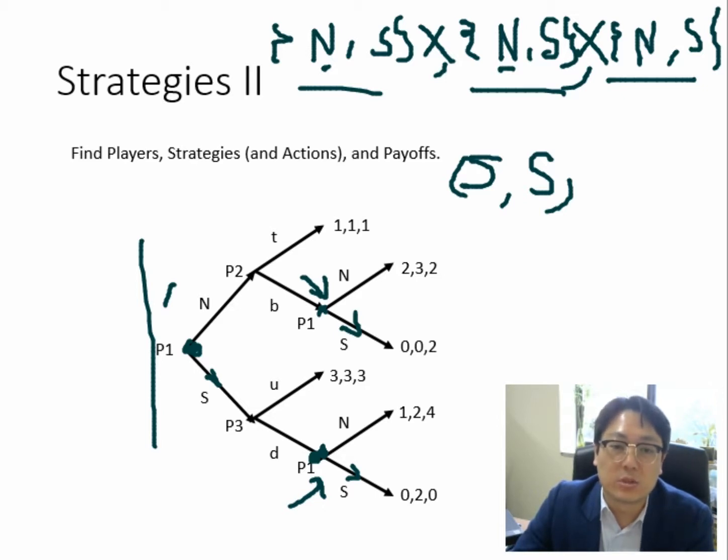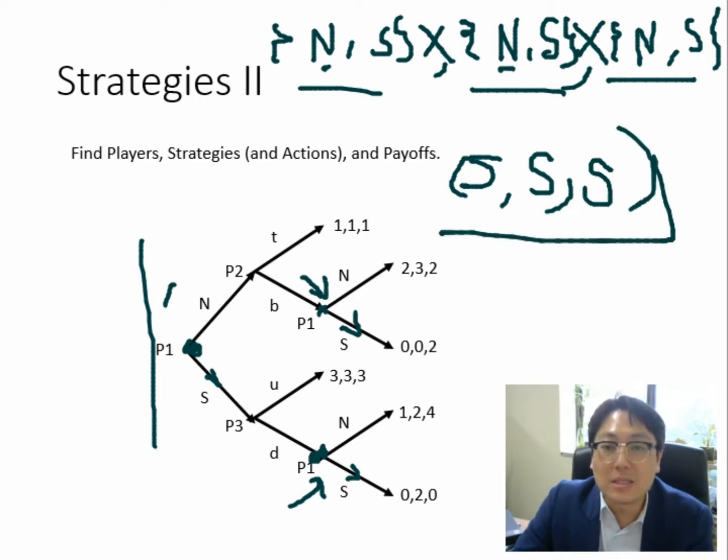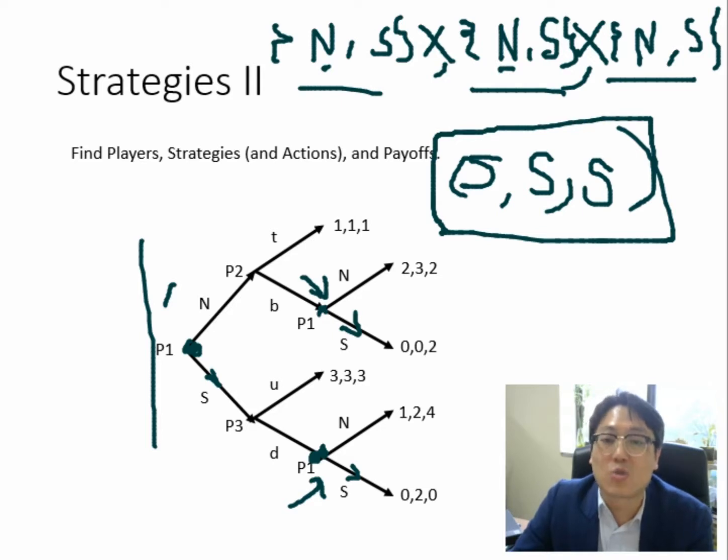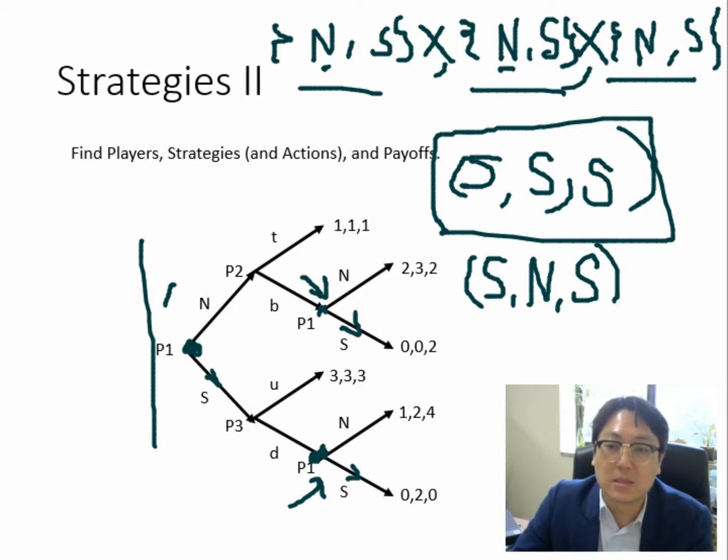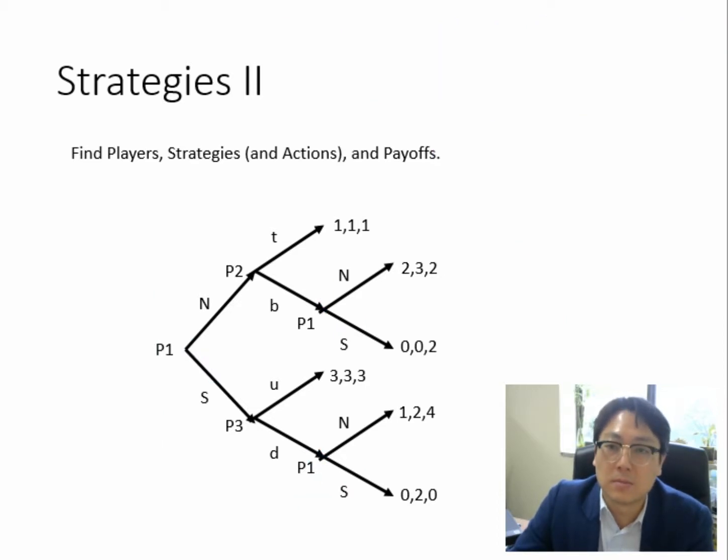Once this node is reached, the first player will play S. So this is a strategy. Likewise, we can also come up with another strategy like S and S. Right? These are the first player's strategies.